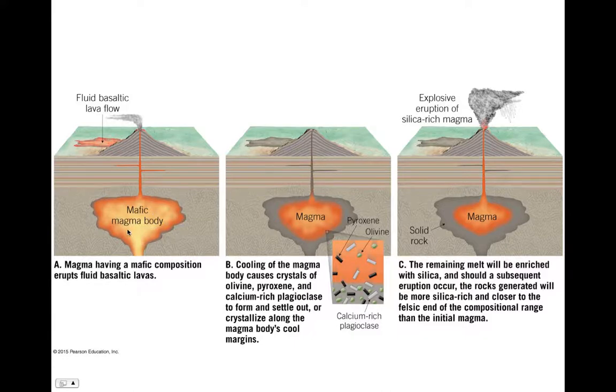As it slowly begins to cool, olivine and pyroxene and plagioclase feldspar begin to crystallize and settle out of the melt, removing iron and magnesium from the melt, making the remaining melt less mafic and more intermediate. And as more ferromagnesian silicates crystallize out, like hornblende and biotite, removing even more iron and magnesium, the remaining melt transforms from being less intermediate and more felsic.